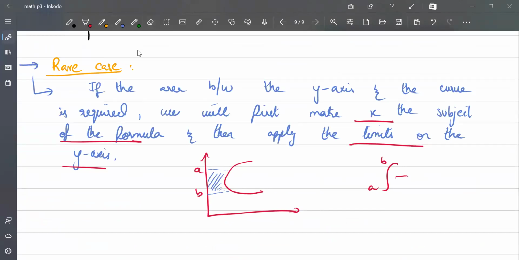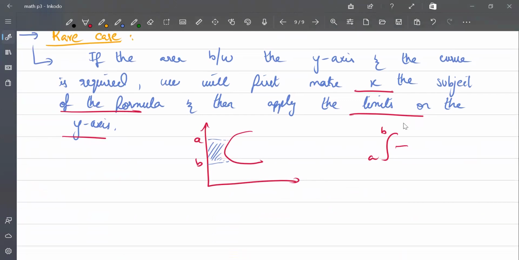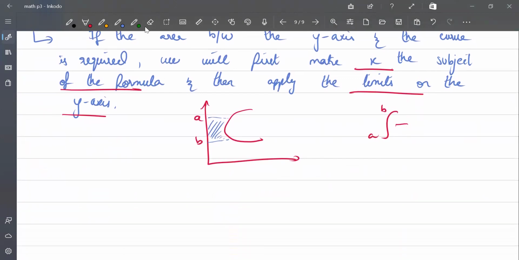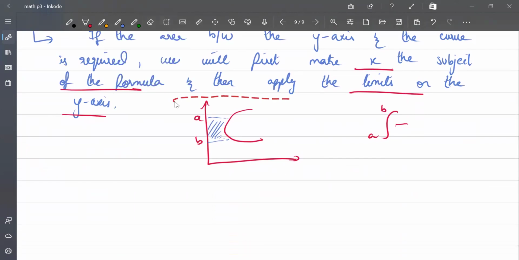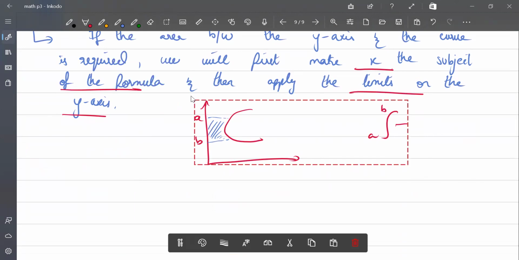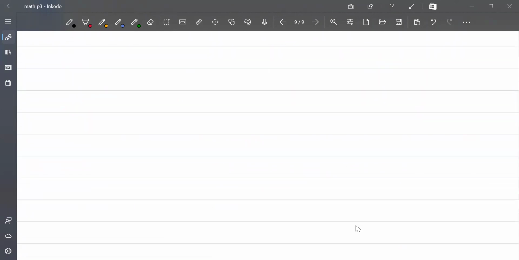As we wrote, if the area between the y-axis and the curve is required, we'll first make x the subject of the formula and then apply limits on the y-axis. There is a little correction here. Let me properly explain it.